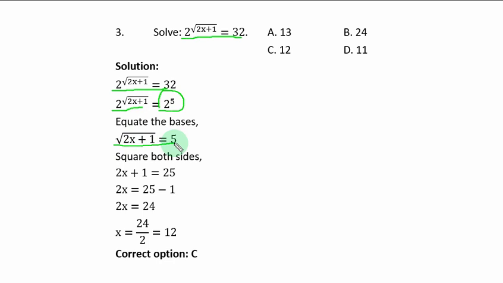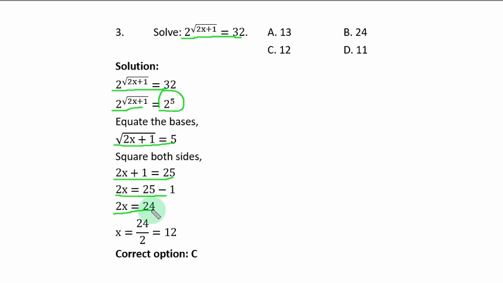You need to remove the square root from the left hand side. To do that, you just have to square both sides. If you square both sides, you have 2s plus 1 equal to 25. Collect like terms. 2s is equal to 25 minus 1. 2s is equal to 24.